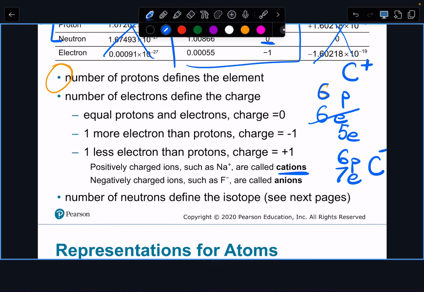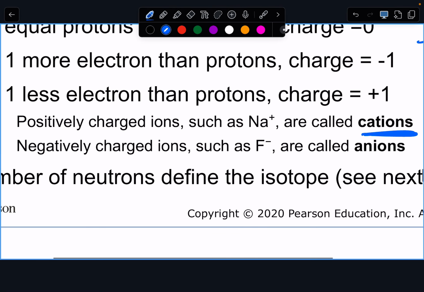These examples here, sodium plus and fluorine minus: if something lost an electron, we would consider it a positive charge because now it has one less electron than protons. If it has a negative charge, F minus, that would be if it gains an electron. So now it has one additional electron more than protons.